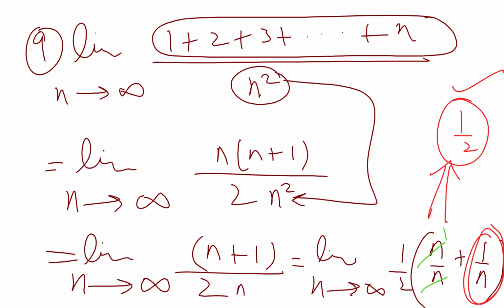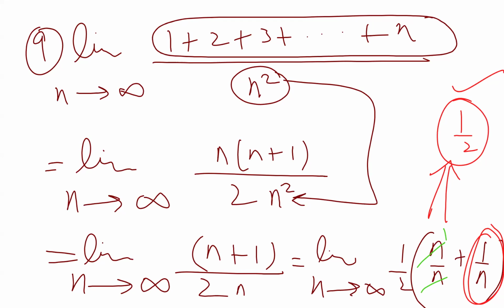Now the summation n cube formula is given to you: n square into n plus 1 the whole square upon 4, into n raised to 4. Where is this n raised to 4 coming from? It's coming from the problem. Otherwise, we have just applied the formula of n cube.